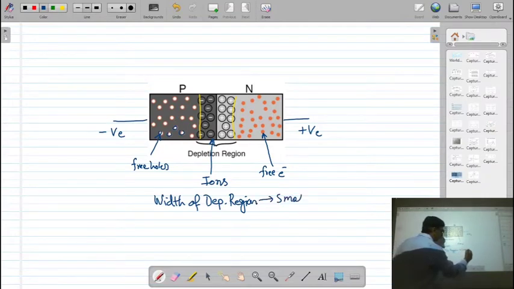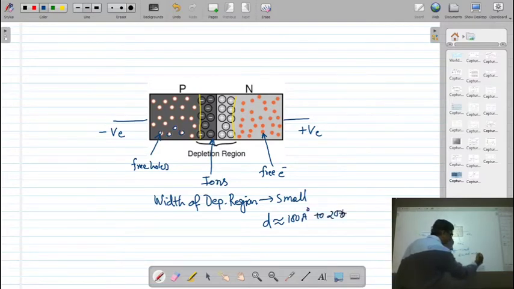We can say this width is in the order of 100 angstrom to 200 angstrom. Very small width is there.